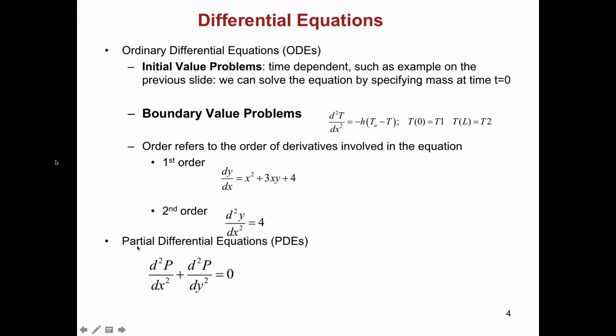This is an example of a partial differential equation. Another example you will have in your course project. So this is second order with respect to x. This is a partial derivative. As Microsoft changes versions, weird things happen to the equations in there.